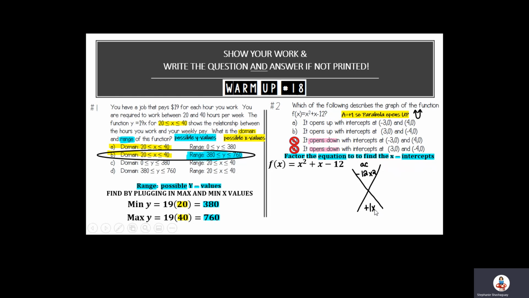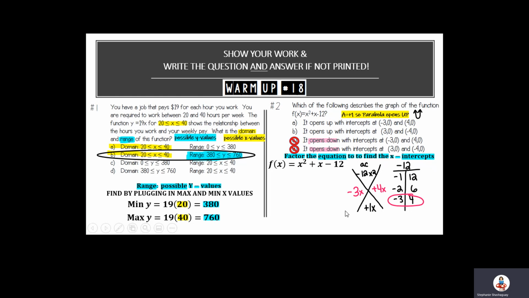And then our b term is a positive 1x. So to find the factors that multiply to give us negative 12, but then add together to give us 1. So here are some factors that I listed here in a factor chart. And negative 3 and 4 are the factors that will add together to give me a positive 1, but multiply together to give me a negative 12.